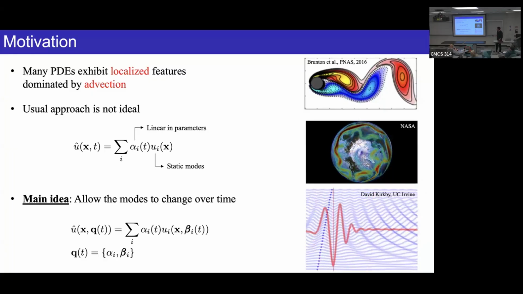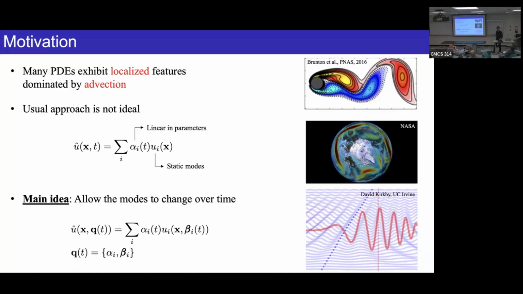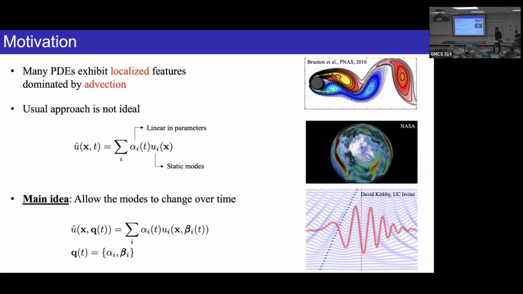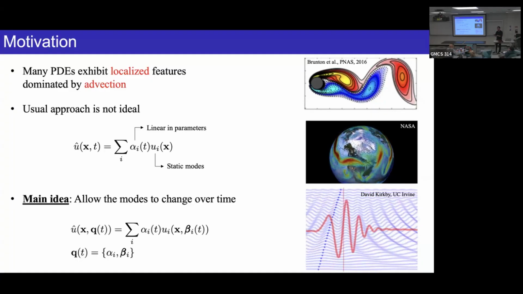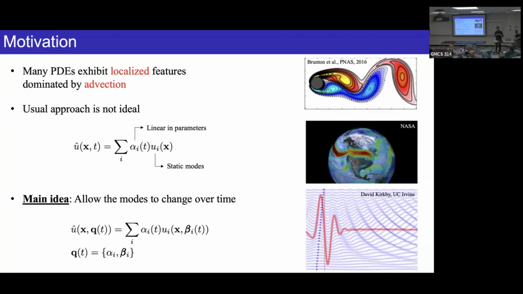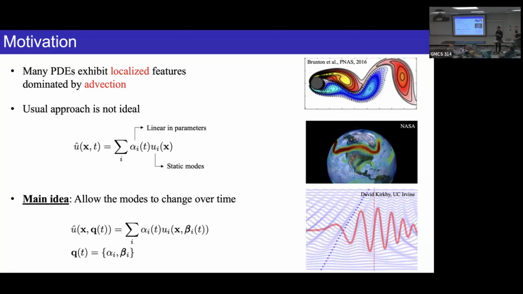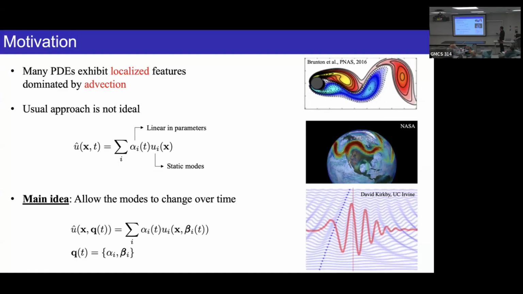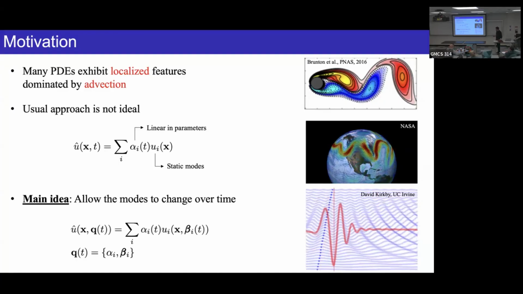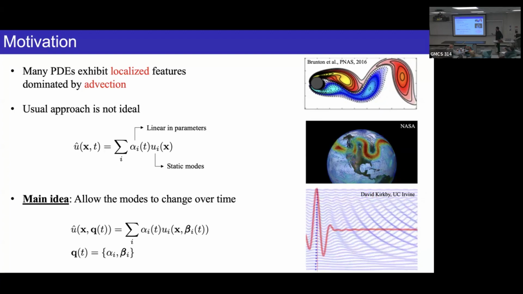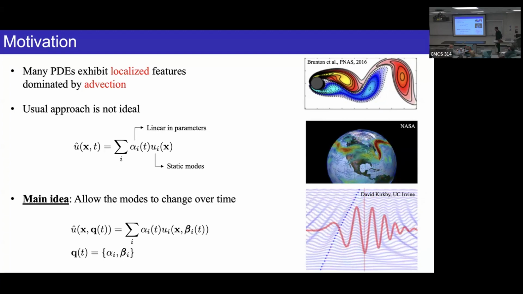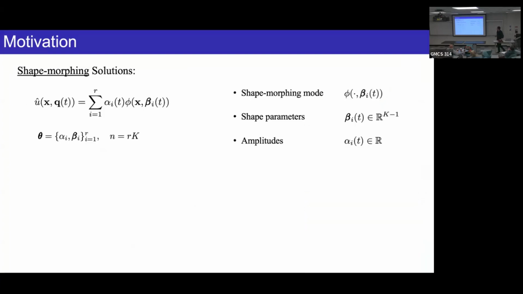And if I choose my shape parameters and their evolutions cleverly enough, the hope is that this basis function adapts to the actual solution of the PDE and will be more adept at capturing those localized structures as they evolve over time in the spatial domain. So that's really the main idea. I'll elaborate a little bit on that.